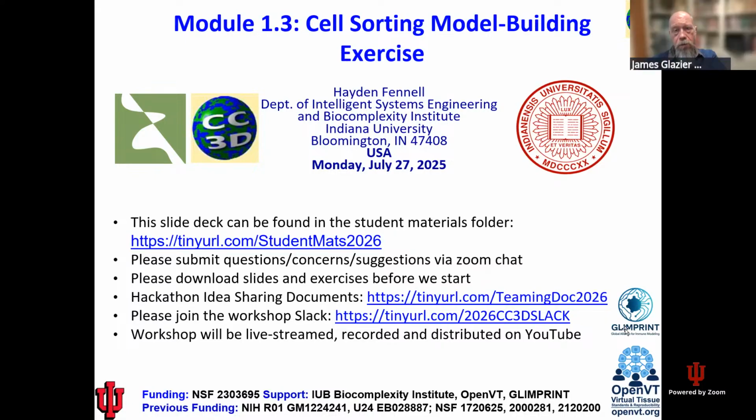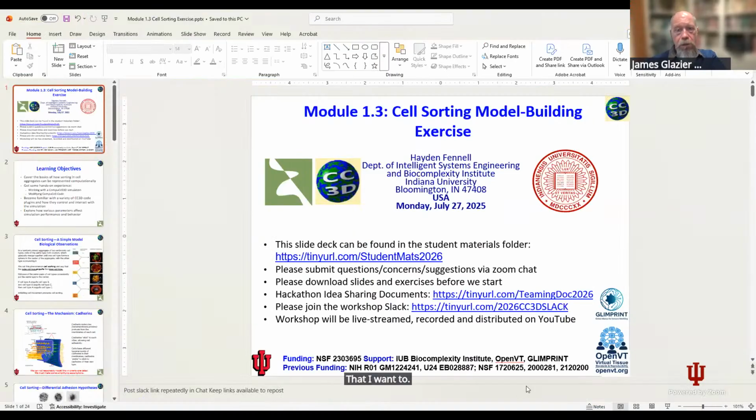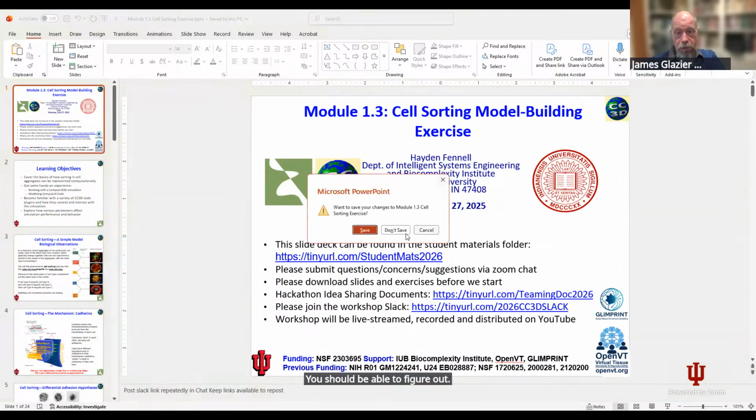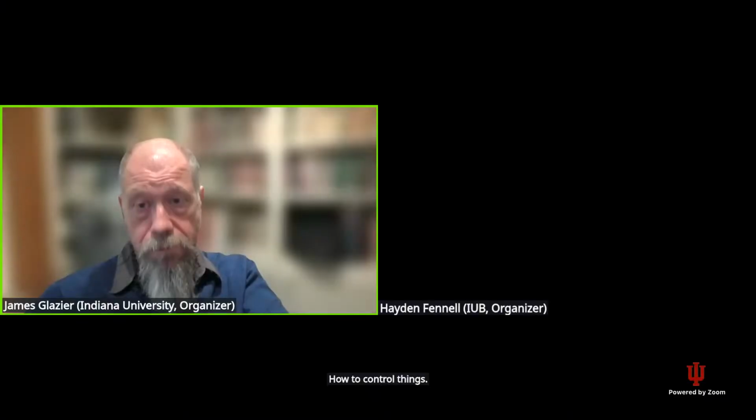One thing that I want to say is that people should be looking at the manuals online. You should be able to figure out how to control things by looking it up. I understand you're just getting started, but it's important to get in the habit of referring to the manuals. And for some things these days, ChatGPT and other LLMs know basic CompuCell syntax, so you could ask them as well.